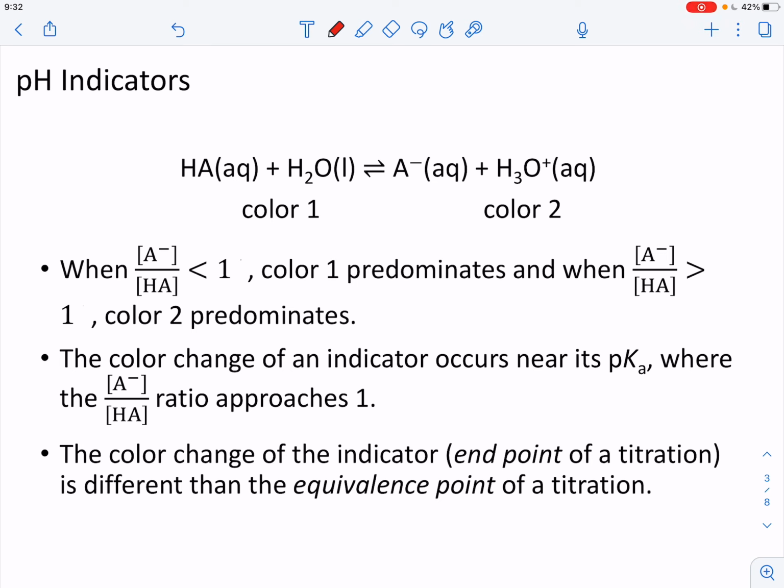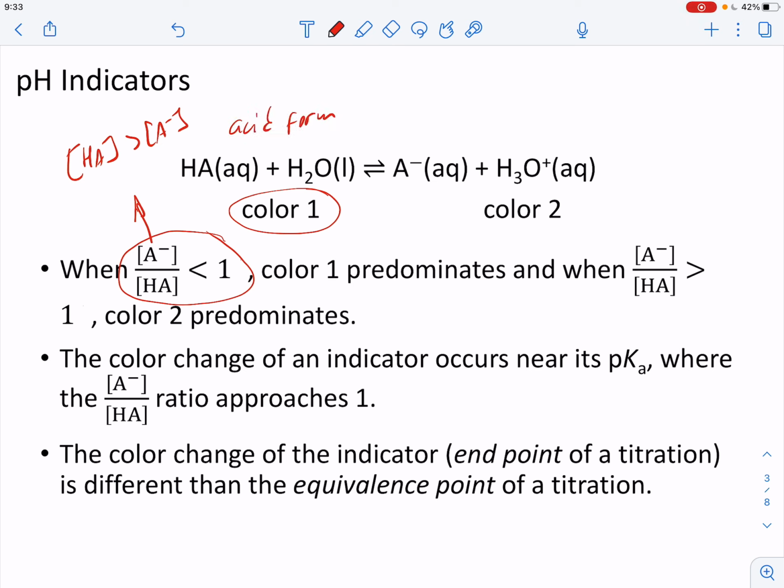So for example, here we are looking at the situation that whenever the ratio of A minus over HA is less than 1, this pretty much means if the concentration of HA is larger than the concentration of A minus, then color 1 predominates. Okay, so that means the acid form is present.